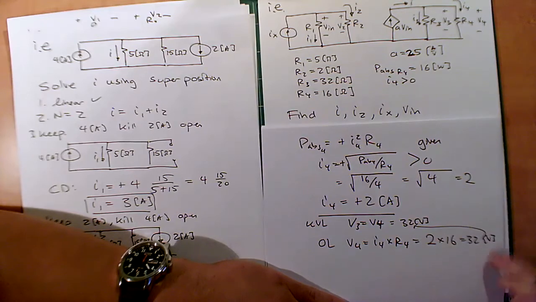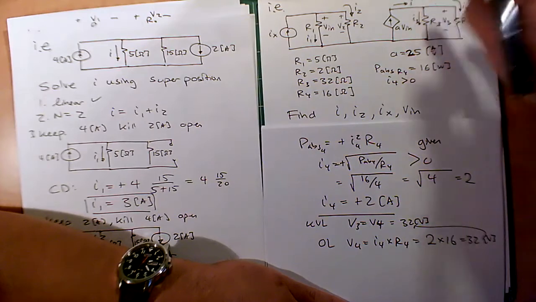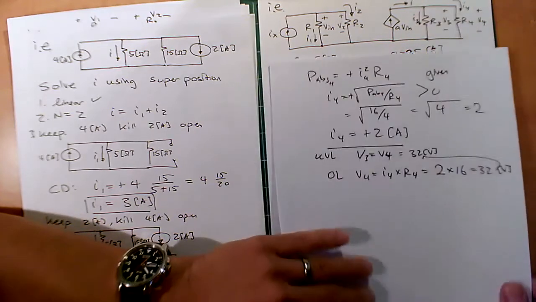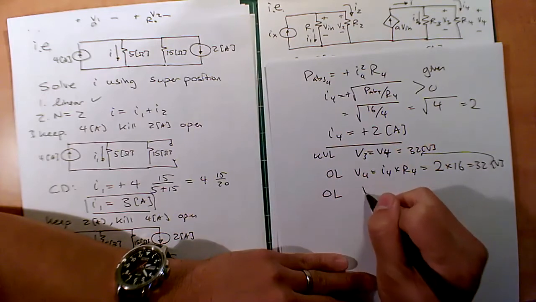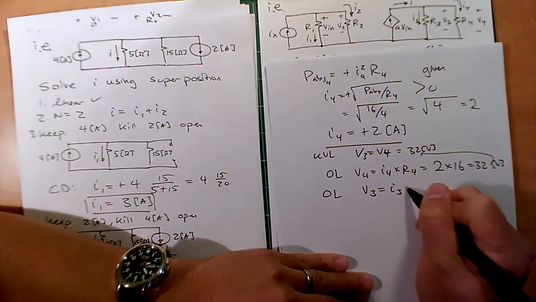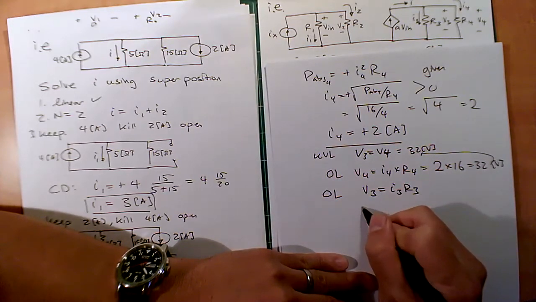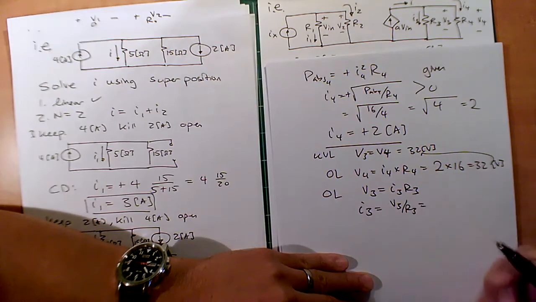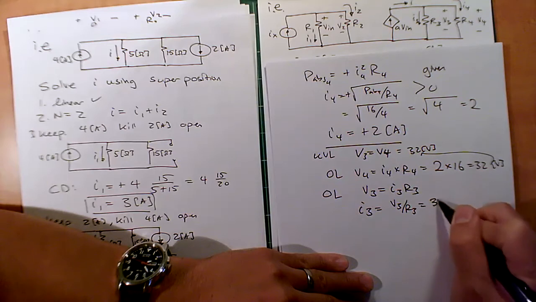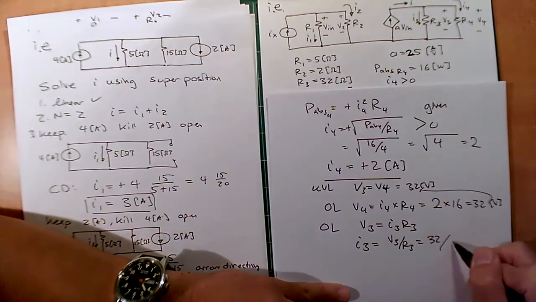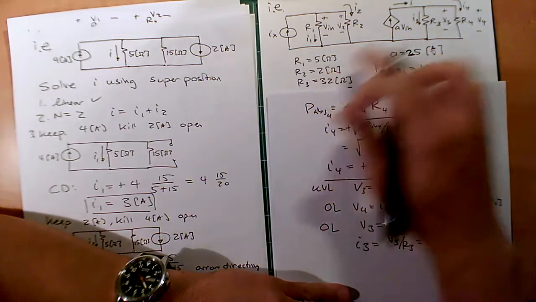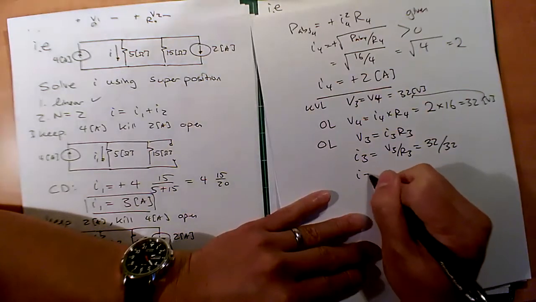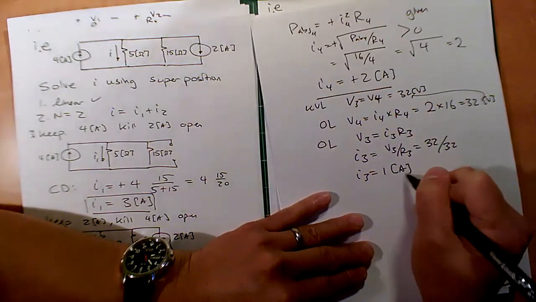We have this voltage and this voltage, so we can solve for I3 using Ohm's law again. V3 is equal to I3 R3, so I3 is equal to V3 over R3, which is 32 divided by 32. So I3 is equal to 1 amp.